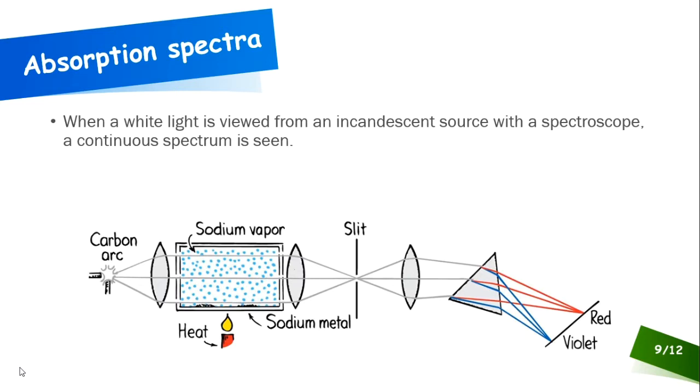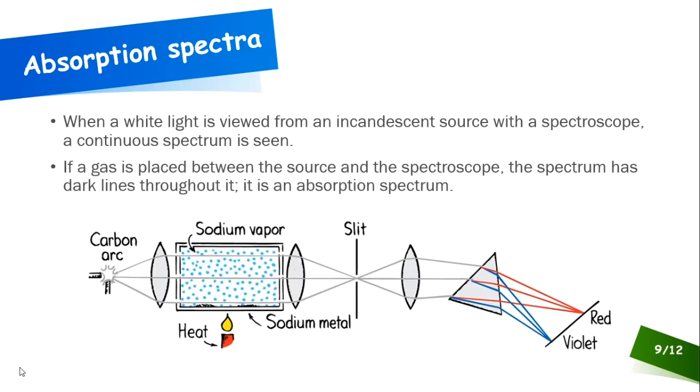That element is going to absorb the light that corresponds with its atomic fingerprint, and then what's left is passed through the same apparatus to produce a pattern on the screen.